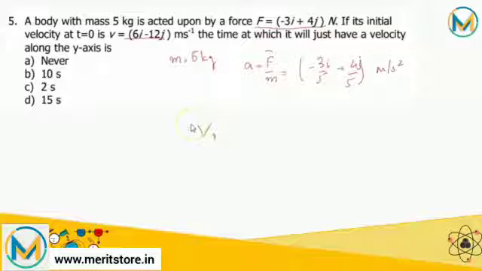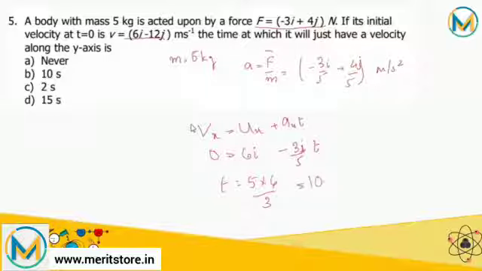That is, vx equals ux plus ax t. Then we get, if we put 0 over here, 0 equals 6 minus 3 upon 5 t. So t equals 5 into 6 the whole upon 3, that is 10 seconds. So looking towards the options, we have 10 seconds in option B. So therefore the correct answer is option B.